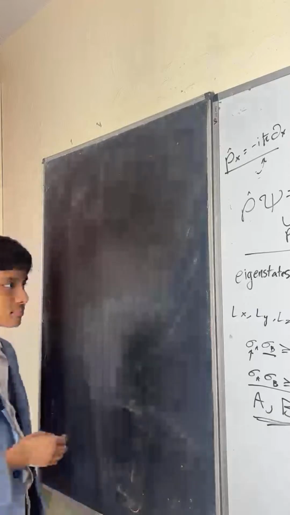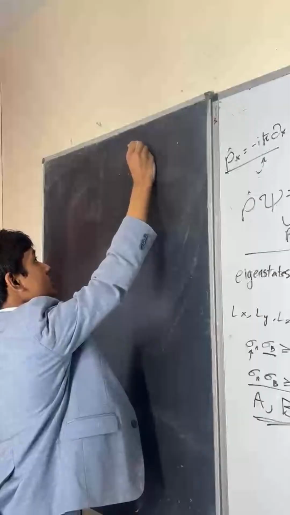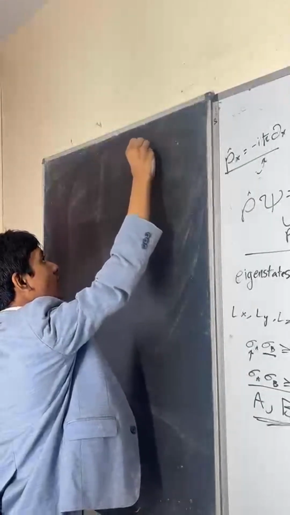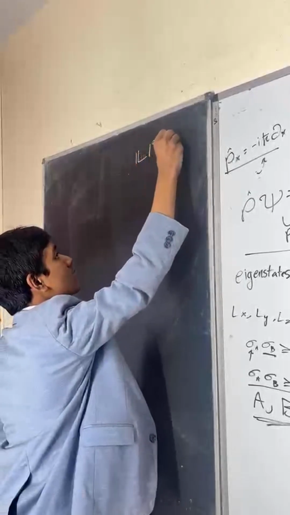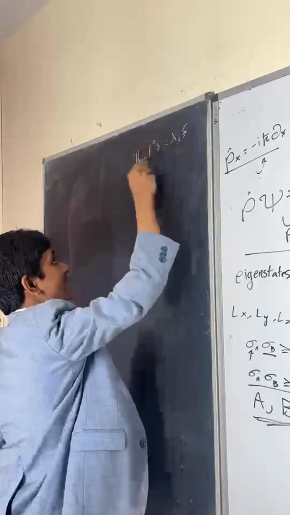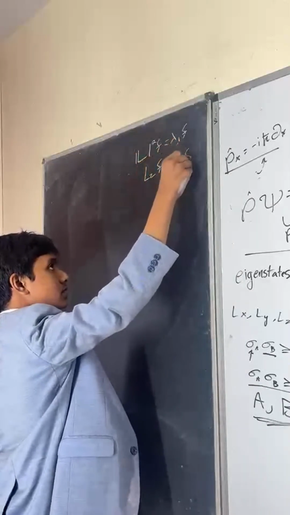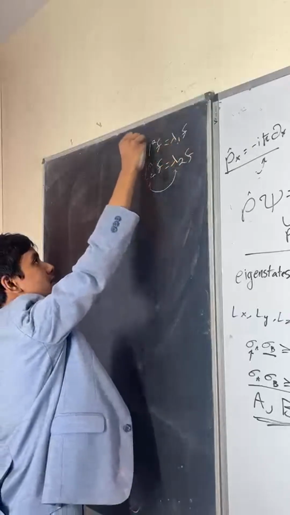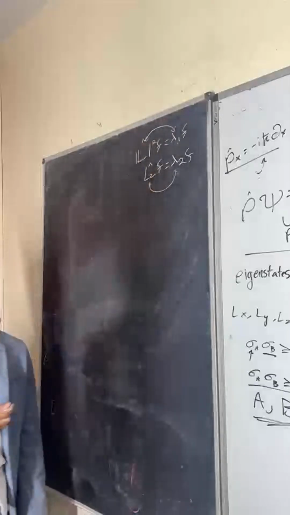So, how do we find eigenstates? Well, simple on the surface. We just have to find an eigenfunction that satisfies both this and that. And then lambda 2 becomes associated with LZ, and lambda 1 becomes associated with L squared.